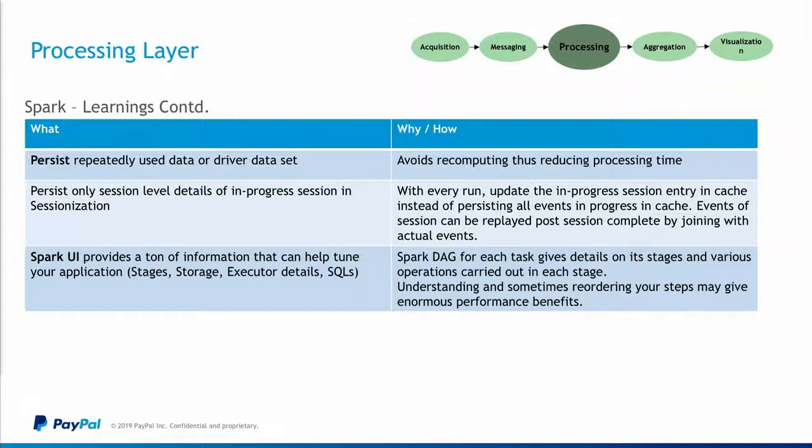As a part of sessionization, it is general practice when we move on from our MapReduce environment to a Spark environment to store the in-progress events into memory. But we changed that approach to store only the session details into memory and cross join against the events. So the amount of memory that we consume during sessionization is so less that it brought down the time that it takes for sessionization to half.